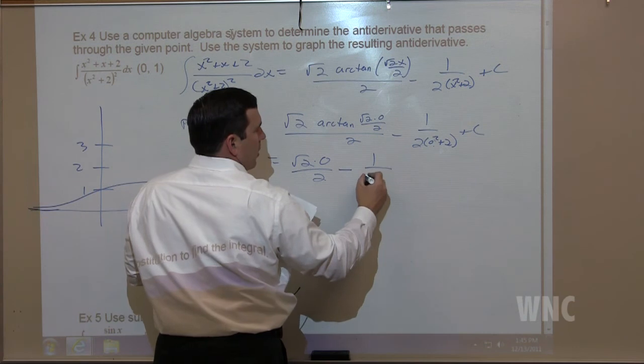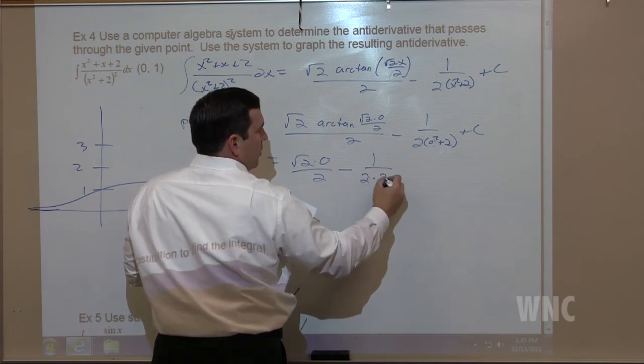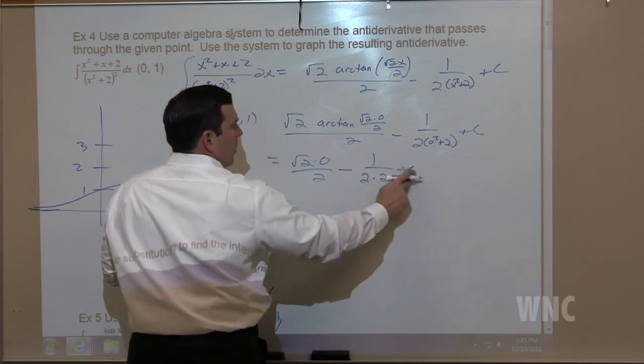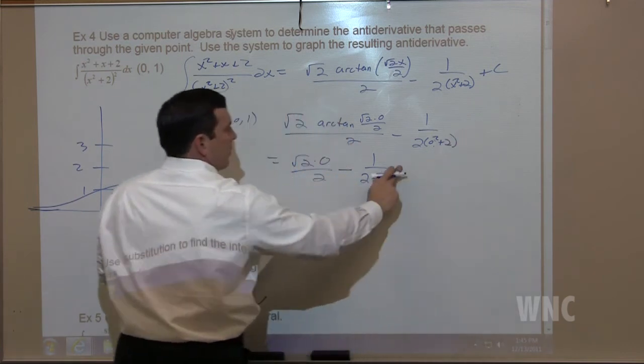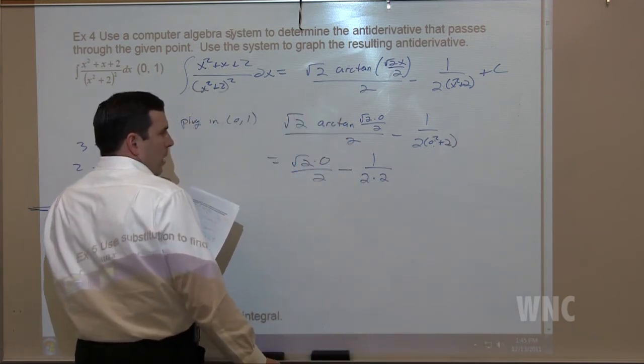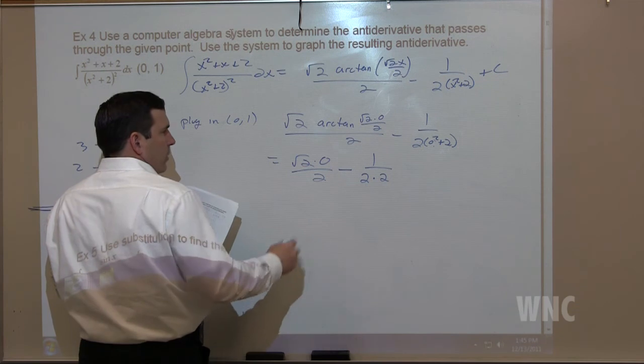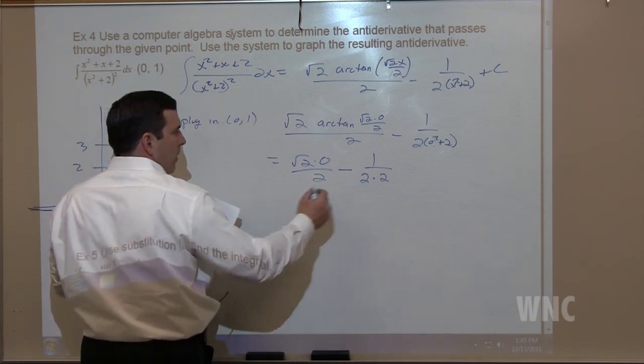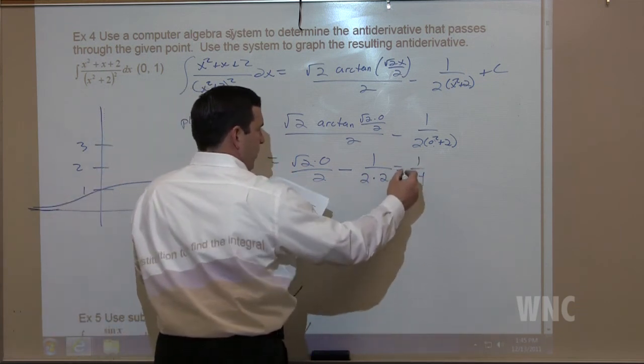Oh, I don't do plus c anymore. It's a particular solution. Or actually, not even that, we're just plugging stuff in. That's going to be the square root of 2 times arctangent of 0, which is 0, minus 1 over 2 times 2. We get negative 1/4.